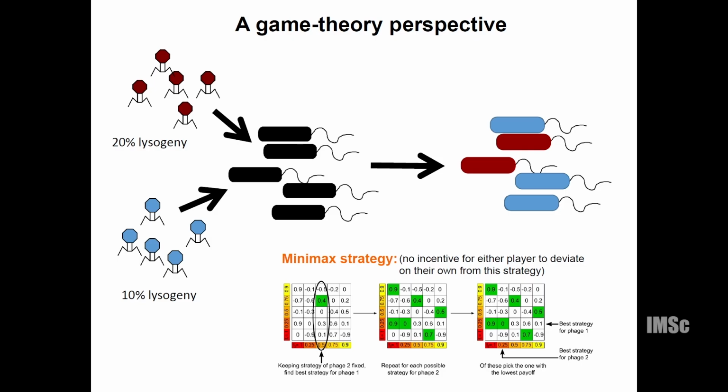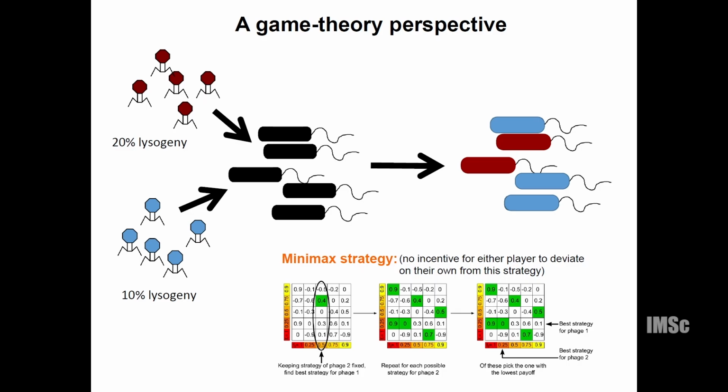But you can imagine making a large, maybe even continuous payoff matrix where the values of the matrix tell you did phage 1 win and by how much. So the values of the matrix, the payoff, is the payoff for phage type 1. So phage type 1 strategy, phage type 2 strategy, and what is the payoff for phage 1.